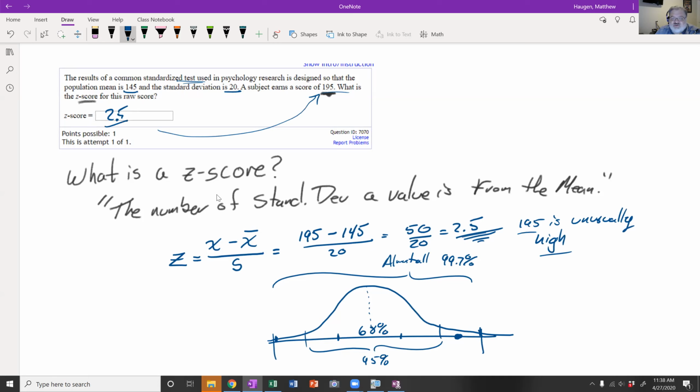You could be given the score, the z-score, and the mean and solve for the standard deviation. You could essentially be given any 3 of those pieces of information and have to find the missing one. With a little bit of algebra.